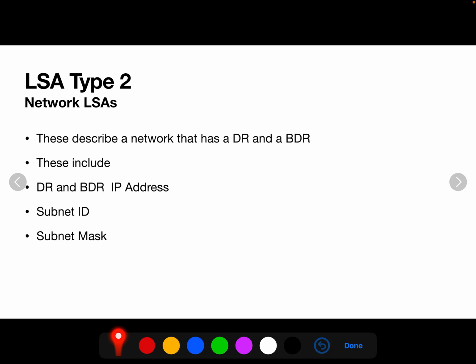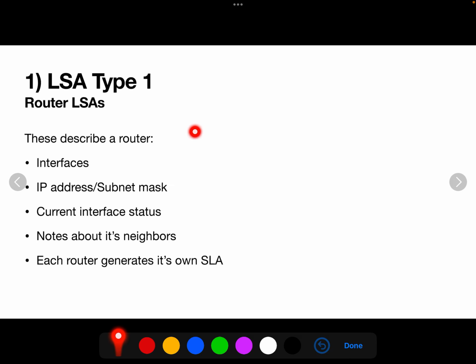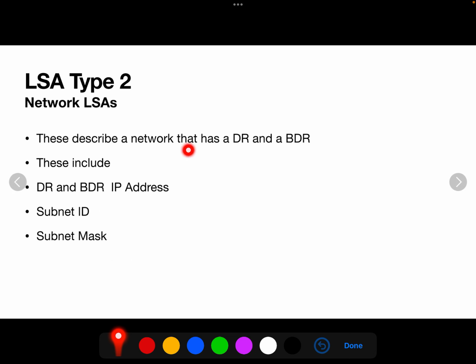So I like to think of this as sitting between a piece of paper that describes Samantha, and what I'm going to come on to next, which is going into Samantha's extended family to explain type 3 LSAs. A piece of paper that describes Samantha is like a type 1 LSA. It just describes the router itself. But type 2 will tell you about the network that router belongs to, the designated router, the backup designated router, including the addresses, subnet ID, and subnet mask.